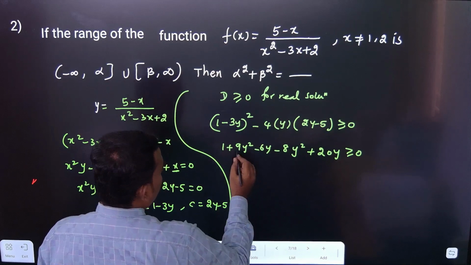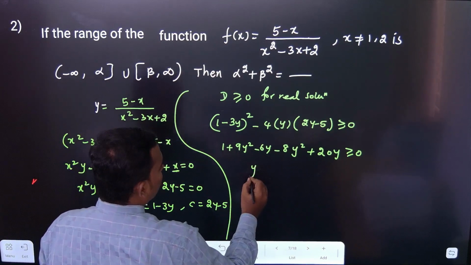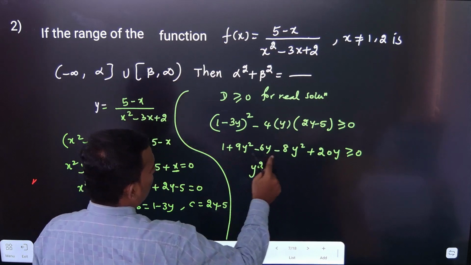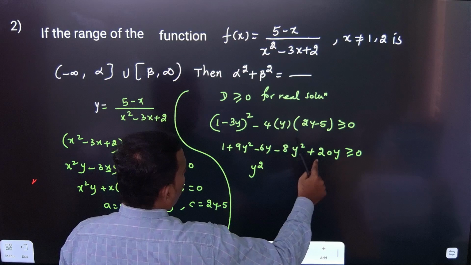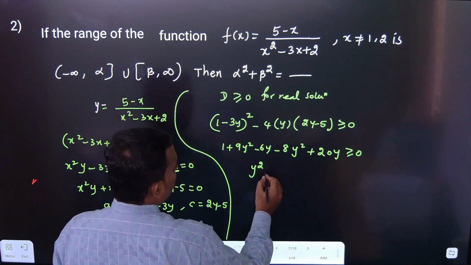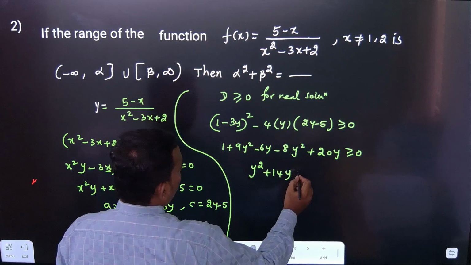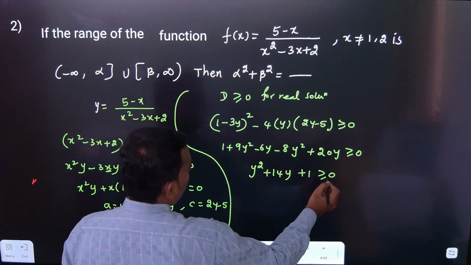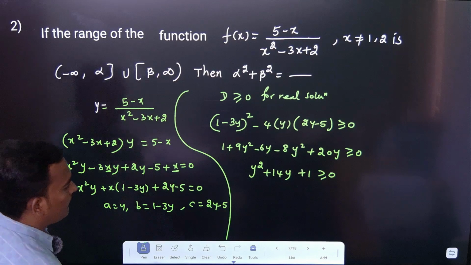So 9y square minus 8y square is y square, and then minus 6y plus 20y will be 14y, right? y square plus 14y plus 1 is greater than or equal to 0. Clear?